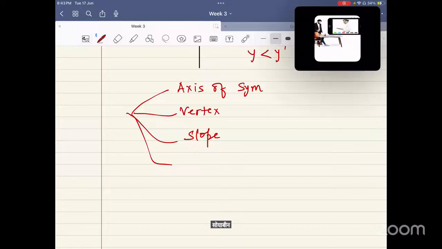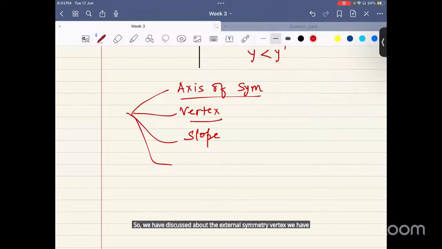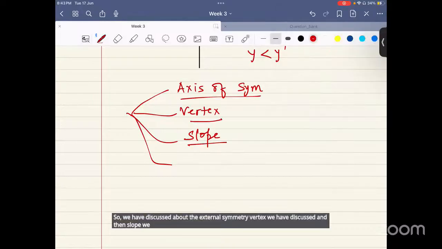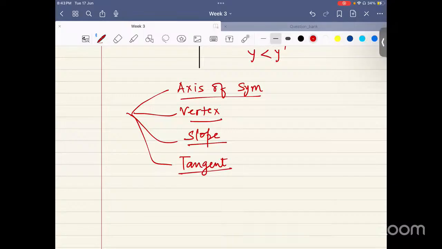So we have discussed the axis of symmetry, the vertex, and the slope. Okay. How can you find a tangent? Tangent is nothing but the equation of a straight line at any curve.